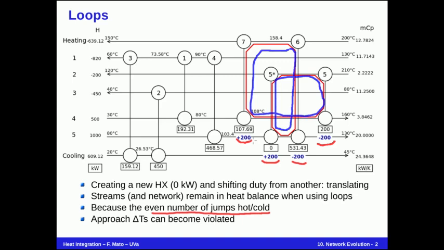And the same thing will happen with every stream. Realize that this doesn't put any condition on temperatures, and temperature differences can become violated.